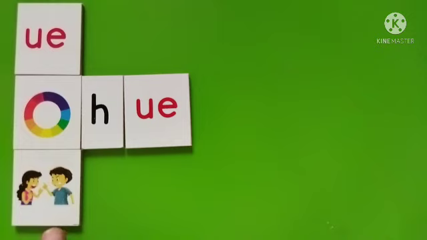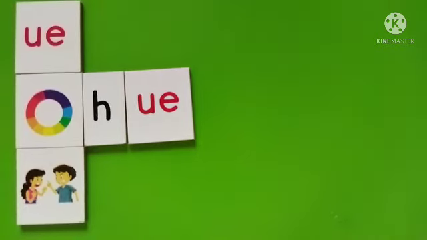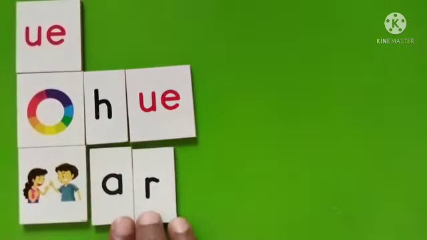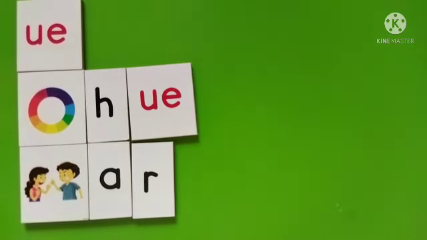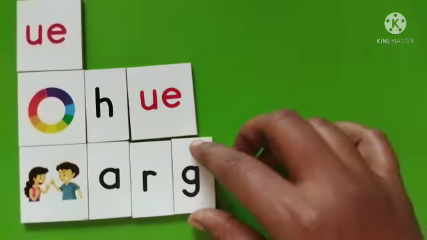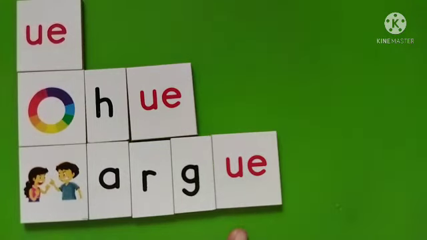You can see the children arguing with each other. When I say argue, the beginning sound that we listen to is R, G, where I place letter G and then U and E for U sound. Argue.